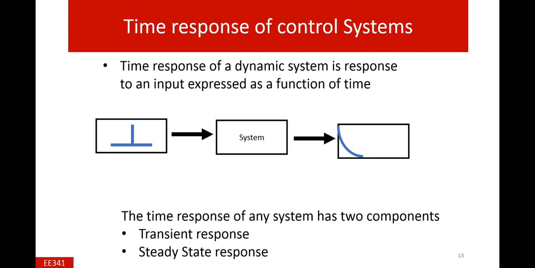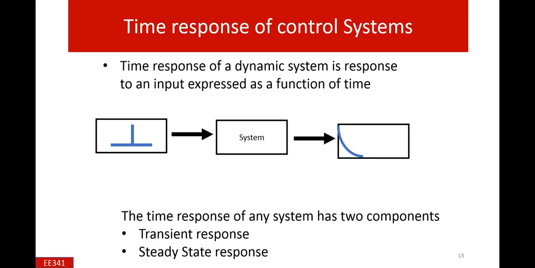Let's review the next and important behavior of LTI systems. For example, we have an LTI system here, and if we apply some impulse input, the output will be like the impulse function, but it is not an impulse. The response is variable as compared to the input.